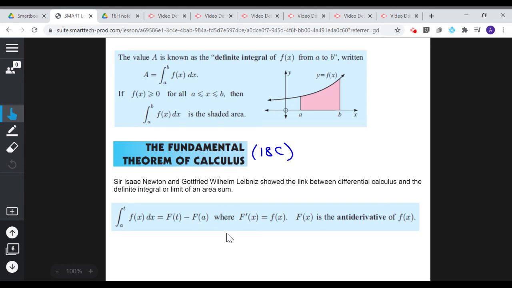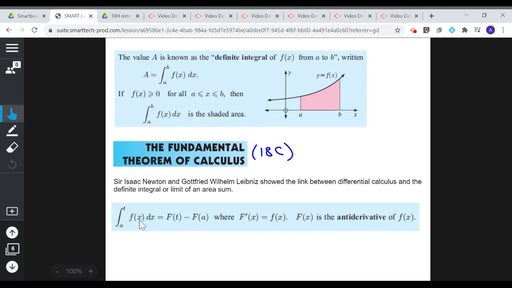Now, Sir Isaac Newton and Gottfried Leibniz showed the link between differential calculus and the definite integral, or limit of an area sum. So this math is the same kind of math that Newton and Leibniz were doing. And they stated the fundamental theorem of calculus, which says if I want to find the integral from a to t of f of x dx, I evaluate the integral function at t minus the integral function at a, meaning the original function for which this is the derivative.